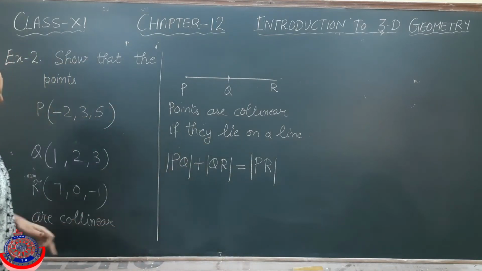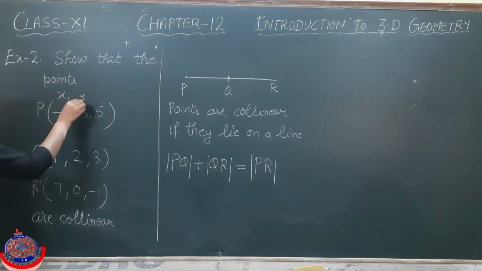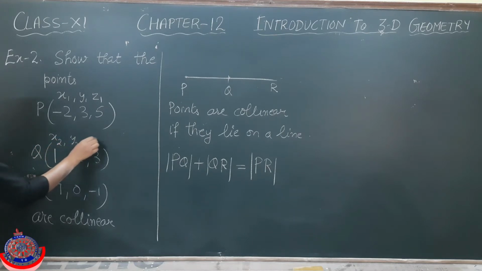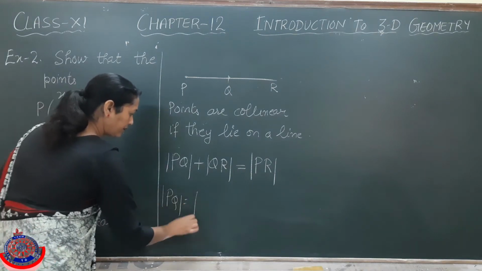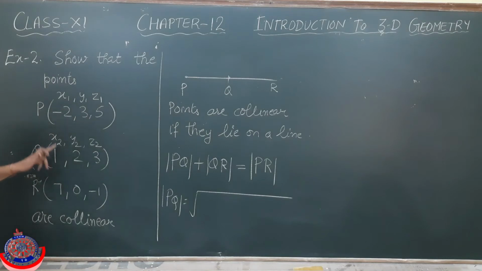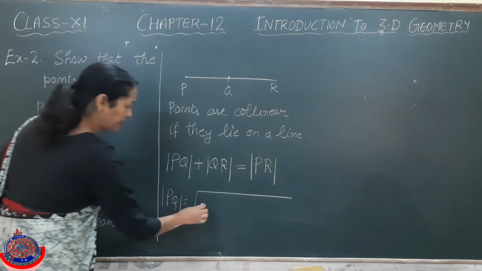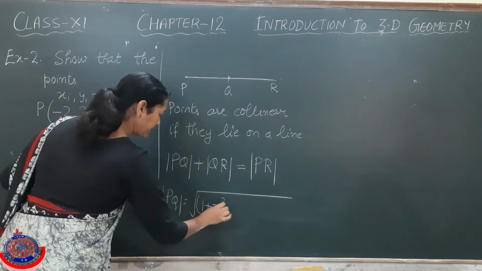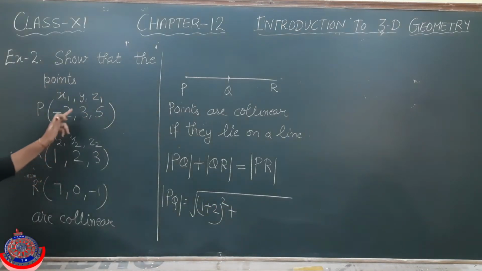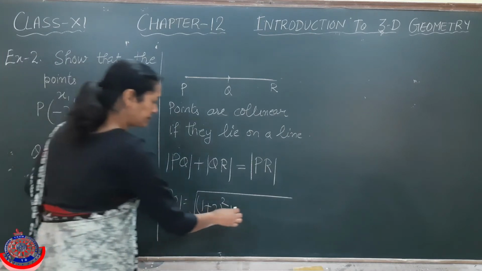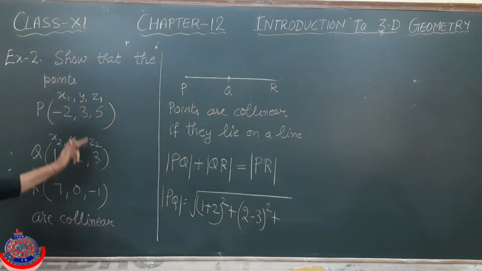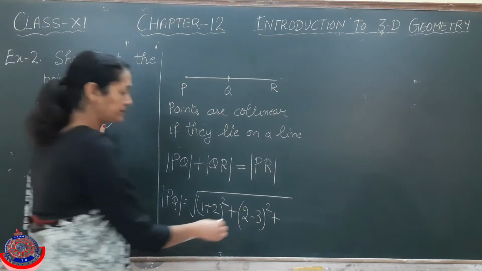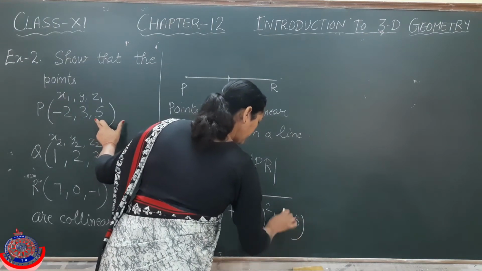First of all, PQ, x1, y1, z1 and x2, y2 and z2. So PQ will be x2 minus x1, so that will become 1 plus 2 whole square plus y2 minus y1, 2 minus 3, z2 minus z1, 3 minus 5 whole square.